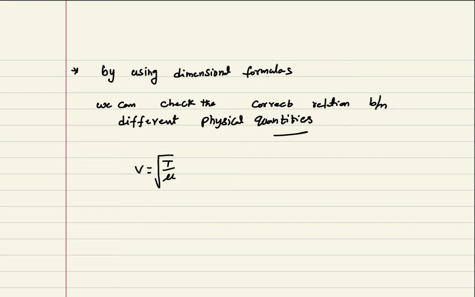Which relation is correct? Suppose say if I say that speed of transverse wave V is equal to root over T by mu. We can check whether it is dimensionally correct or wrong. You see here dimension of T is tension actually. That tension is m l T power minus 2 and mu is a linear mass density. What is the linear mass density? You can write it as mass by length.